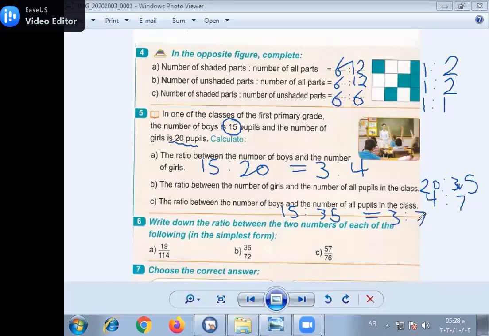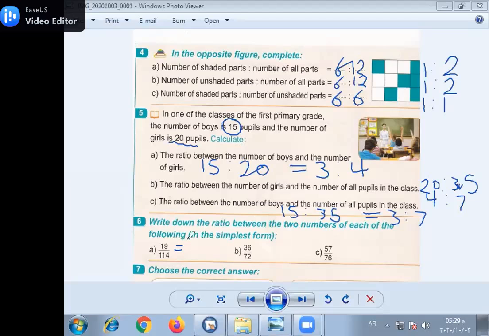The next question says, write down the ratio between the two numbers of each of the following in the simplest form. The first one will be 19 over 114. How can I put this ratio in the simplest form? Two people raised their hands.